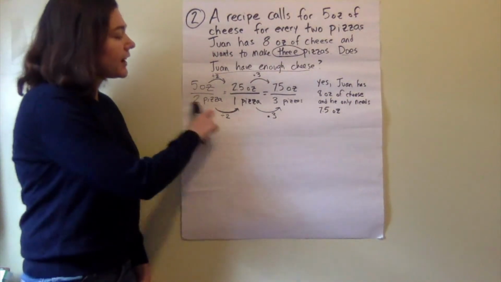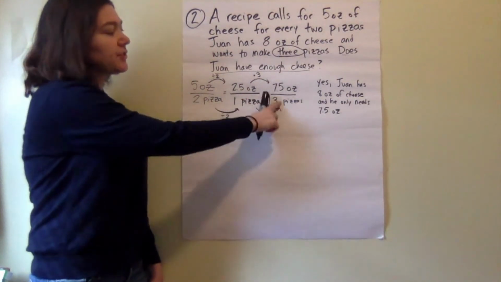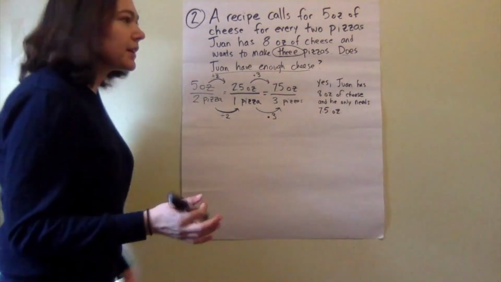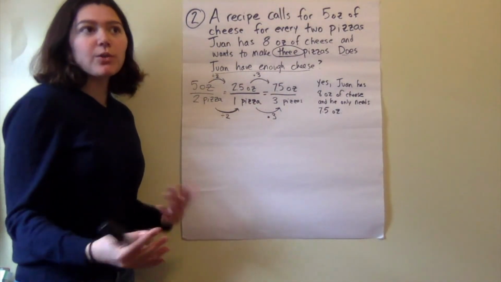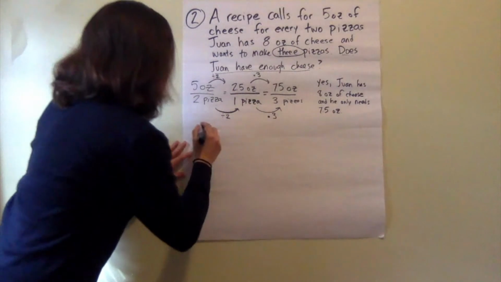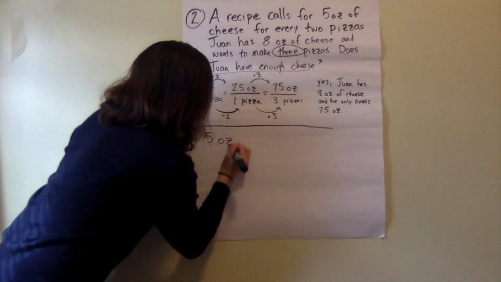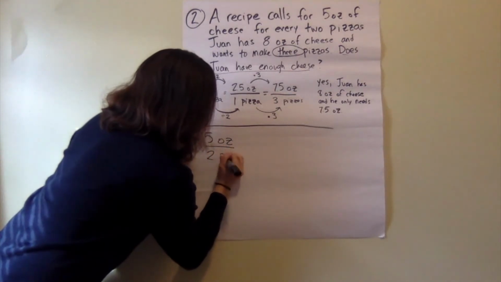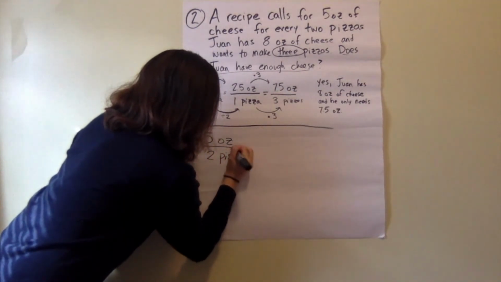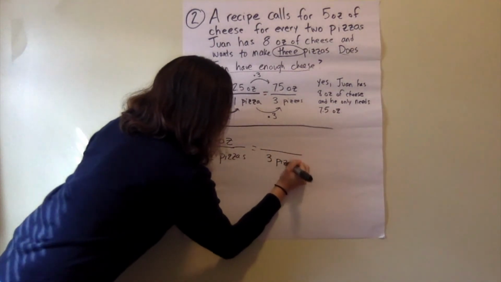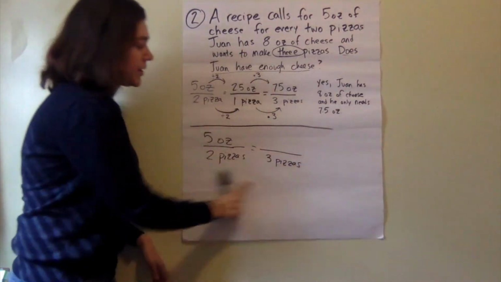So we did this by finding the unit rate and then going from the unit rate to 3 pizzas. The other option, depending on your mental math skills or if you have a calculator, is we can go directly. So 5 ounces to 2 pizzas, we want to go directly.